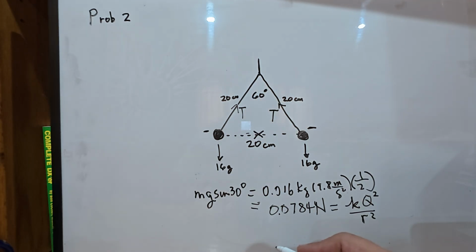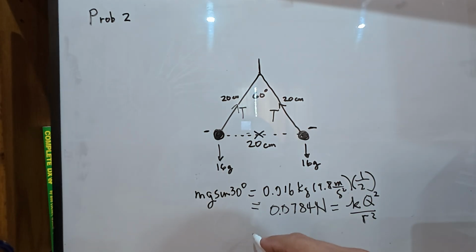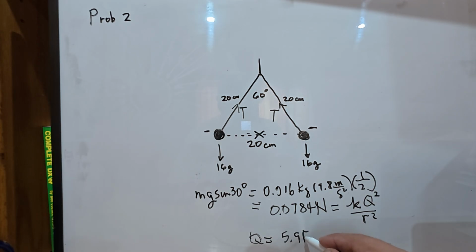So when you solve this problem, the charge is the only unknown, and it is equal to 5.9 times 10 to the minus 7th coulombs.